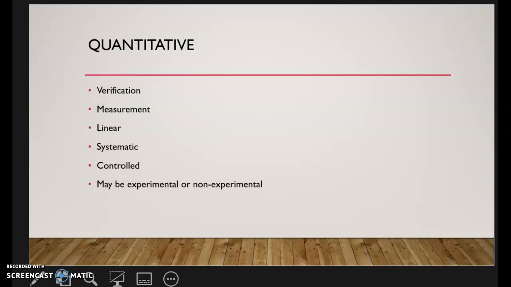One of the nuances of some of the higher level studies are those randomized control trials, those types of things. So quantitative study can be experimental or non-experimental, and sometimes quantitative is more of a descriptive. So you're describing something based on measurements. So that's kind of the difference between experimental and non-experimental.